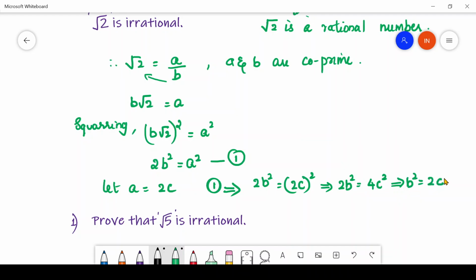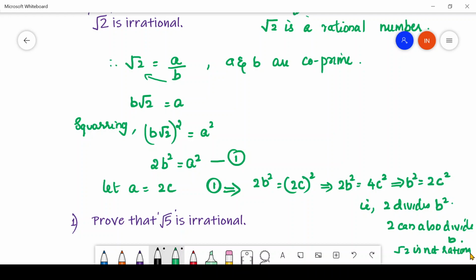Yes, 2c square. What does this mean? This means that 2 divides b square, right? So what can we say? 2 can also divide b.